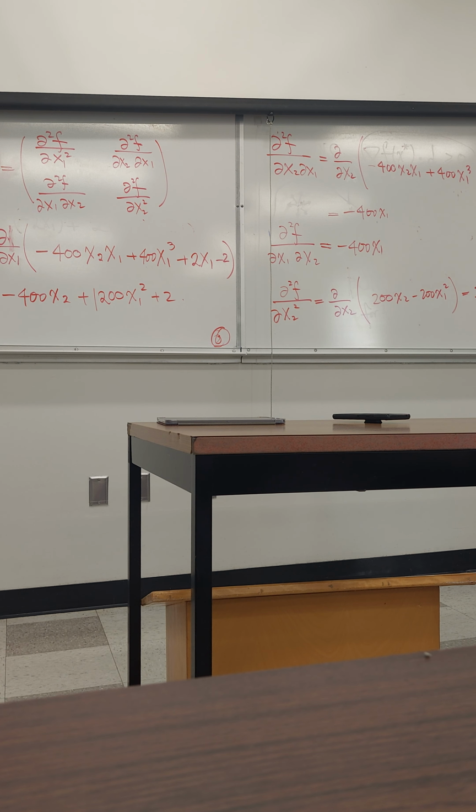Then we want to check that the determinant is positive. So the determinant is 802 times 200 subtract minus 400 squared.